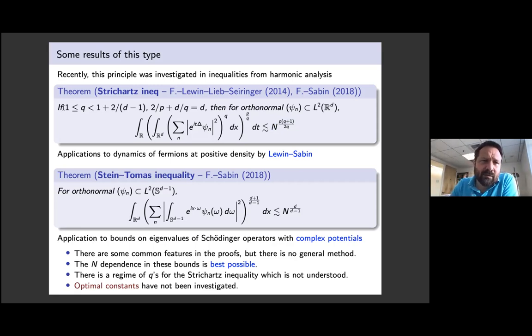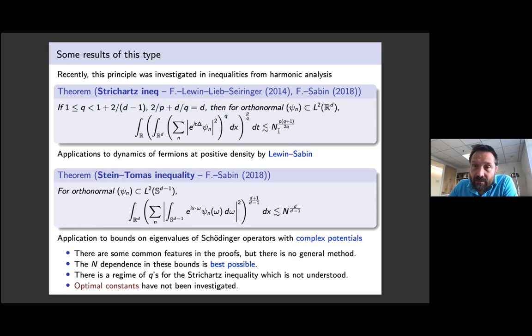There are certain restrictions on these exponents. I don't want to go into them too much. One restriction just comes from scaling, which is trivial. But then there's another restriction telling you which Qs you're allowed to take, and that's a whole science by itself.